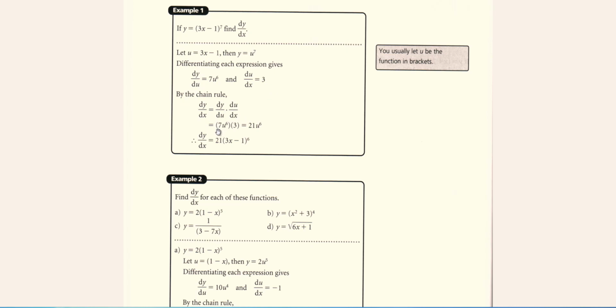So this would be 7u to the power 6 times 3. That would be 7 times 3, which is 21, and then times u to the power of 6. But then we have to substitute again, so u, remember, u is 3x minus 1 within brackets. So instead of writing u, we write it the original way, which would be 3x minus 1. So this would be the answer.